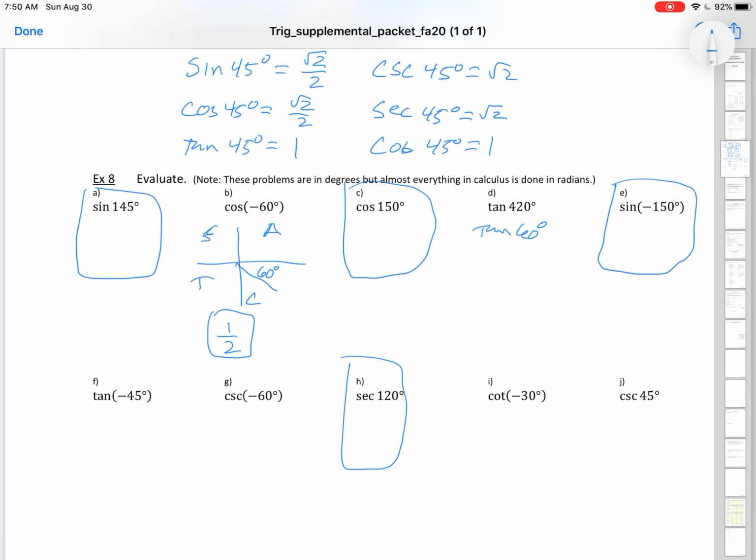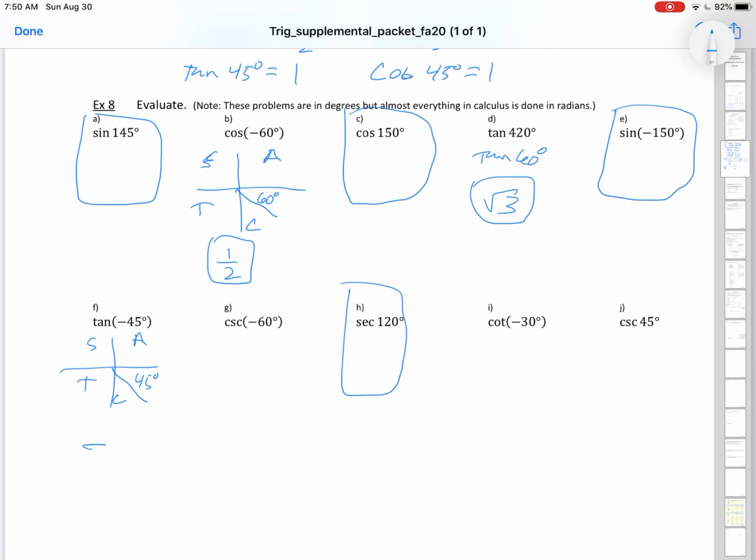The cosine is 1/2, like we saw just a moment ago. So that means my √3 is going to be up top, and I'm going to have a nice square root of 3 coming out. Tangent of negative 45 degrees is right here, 45 degrees, halfway through. All students take calculus. It's going to be negative, so we're going to have a negative sign, and that's going to be a -1.